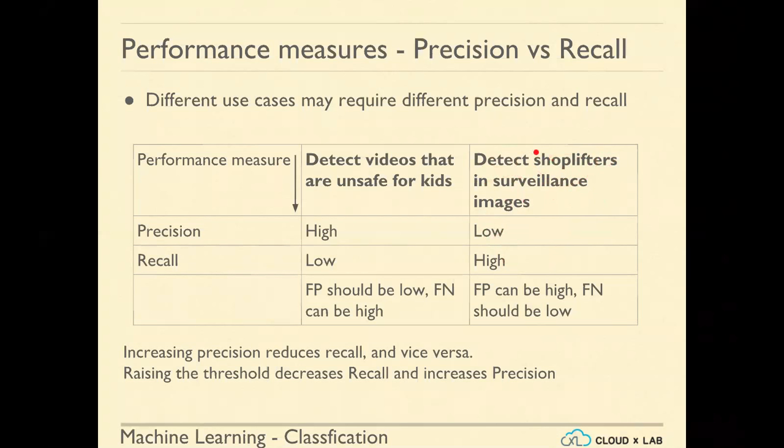If somebody is detected as a shoplifter, we can always check the bill and let them go. So here it is okay to tag somebody who is not a shoplifter as a shoplifter, but in the earlier kind of work, we do not have the luxury to make mistakes. Therefore, there we need high precision, and here we need low precision.